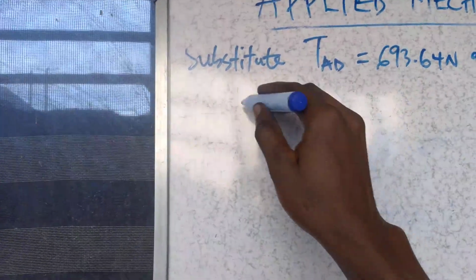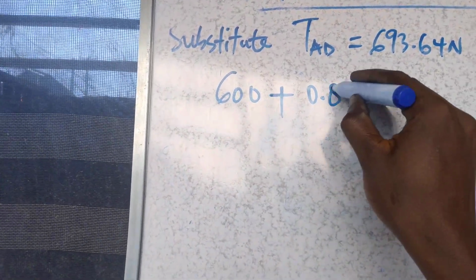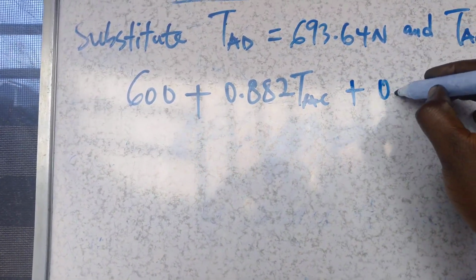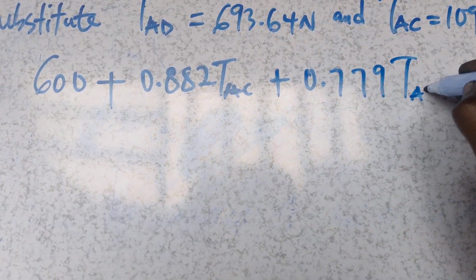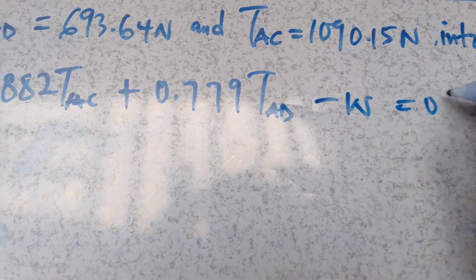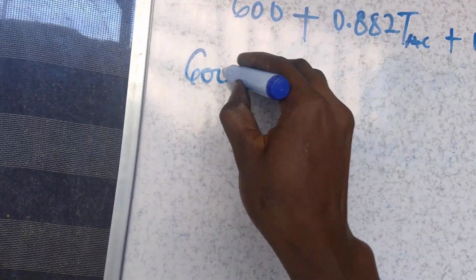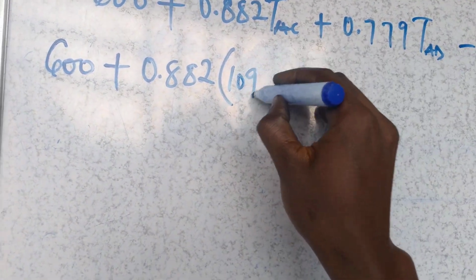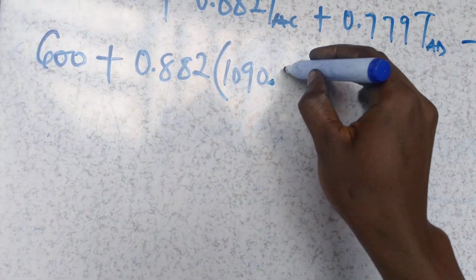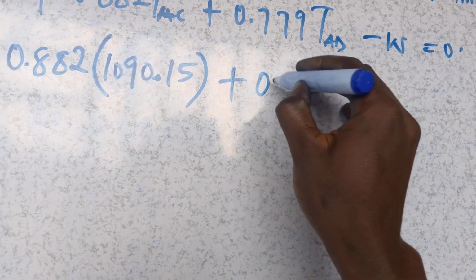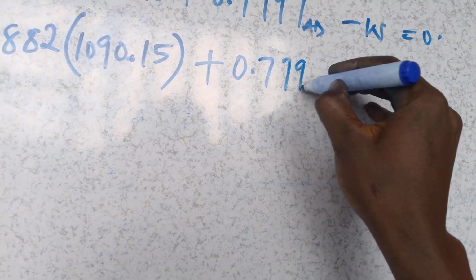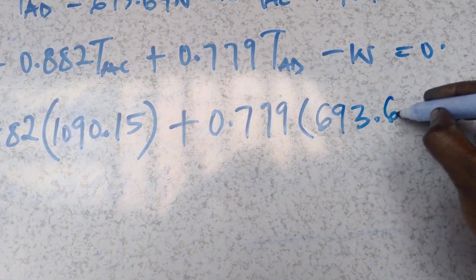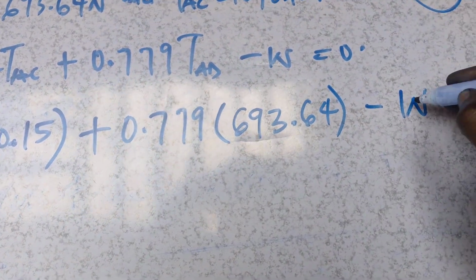Write down equation 7, that is 600 plus 0.882 TAC plus 0.779 TAD minus W equals 0. If I put the values here, I'll be having 600 plus 0.882 multiplied by the value of TAC, 1090.15, plus 0.779 multiplied by the value of TAD, 693.64, minus W equals 0.